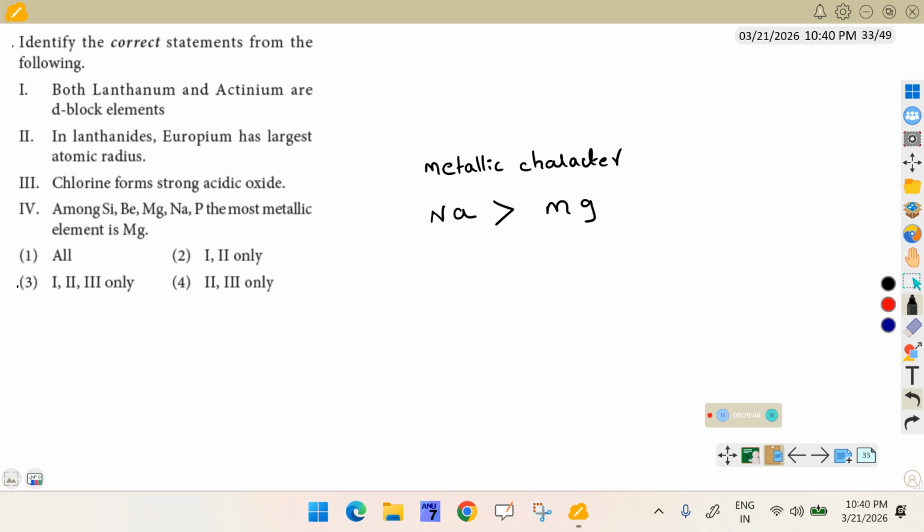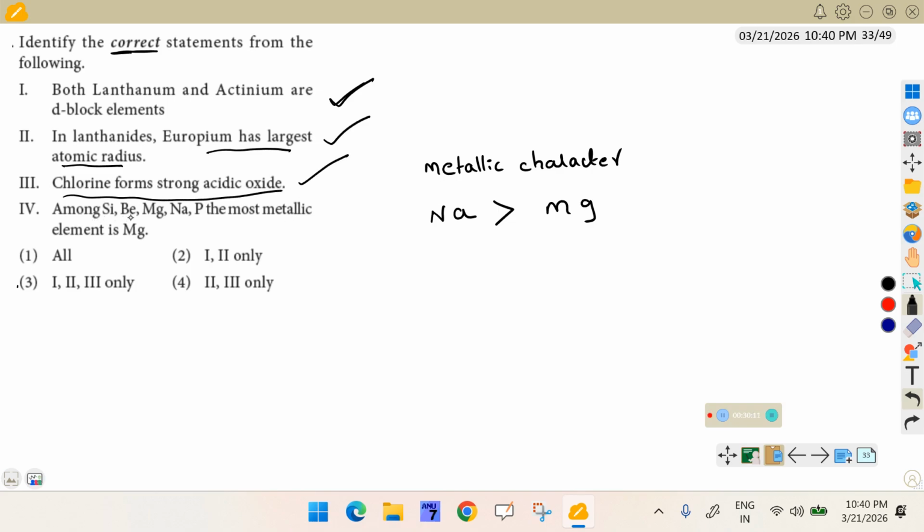Identify the correct statement. Yes, lanthanum and actinium are both d block elements. In lanthanides, europium has the largest atomic radius. This is also correct. Chlorine forms strongly acidic oxides. Correct.